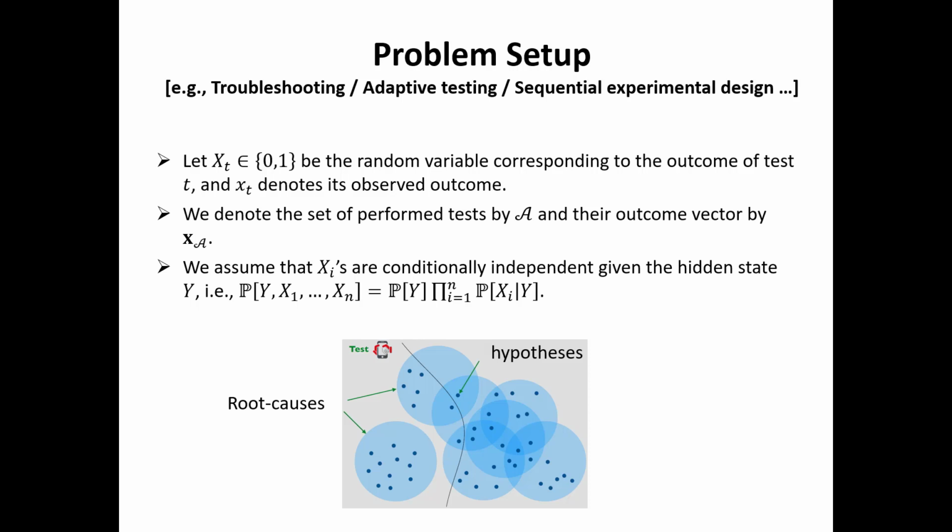We also assume that the xi's, the different tests, are conditionally independent given the decision regions or hidden states. This means that the joint probability of p of y and x1 to xn can be written as p of y times the product of individual conditional probabilities p of xi conditioned on y. So here we make the naive Bayes assumption.